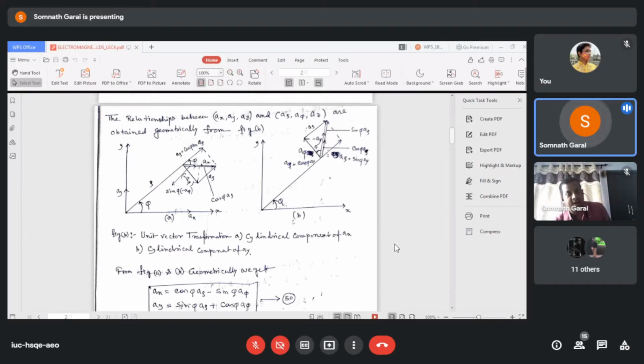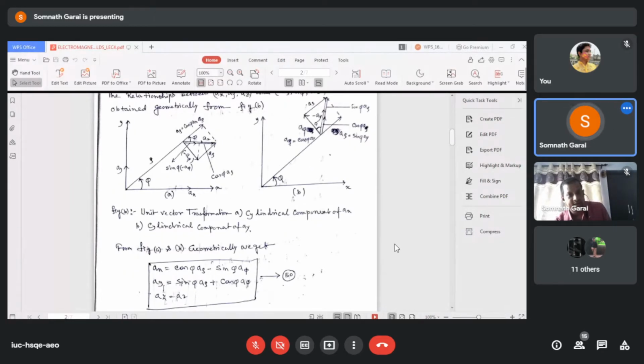These two vertical components have the same direction as ay. That's why we can write ay is equal to sin phi a rho plus cos phi a phi.